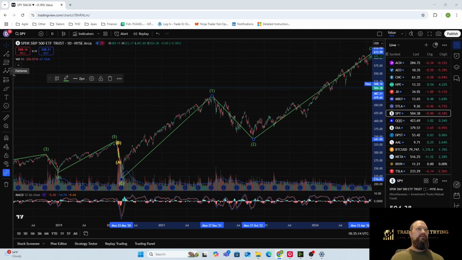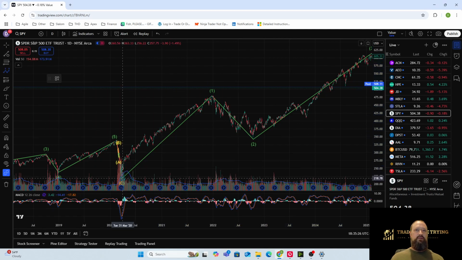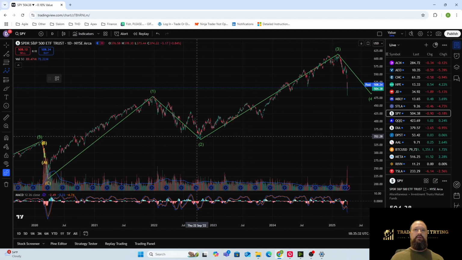Okay, what we can do is, as I mentioned before, you can see waves within waves. Okay, let's go here to show the most recent leg, okay?